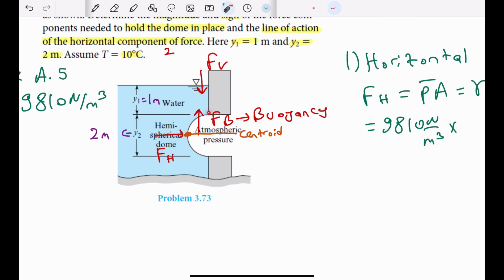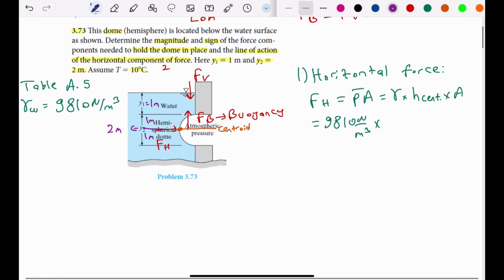So since this will be the diameter of this dome, the entire distance is 2 meters, and this half distance will be 1 meter. So we can say this is 1 and this is also 1. So when we look at the water surface and the centroid, we can say that the distance is 2 meters. So H centroid will be 2 meters.